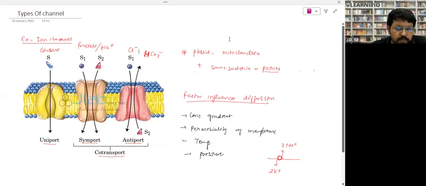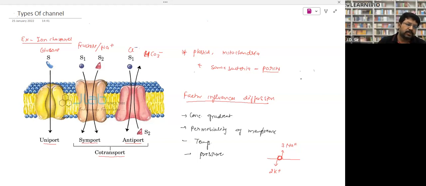Here you have to note down types of channel. They are very important. Water soluble substances can pass through these channels, and channels are basically intrinsic proteins which traverse across the plasma membrane, and they transport certain substances.